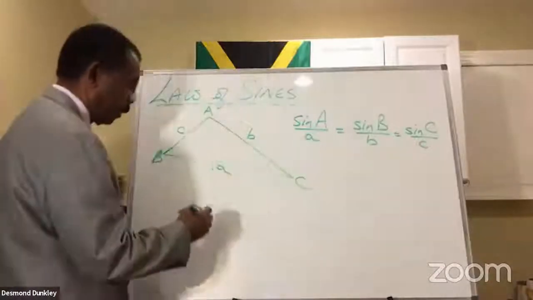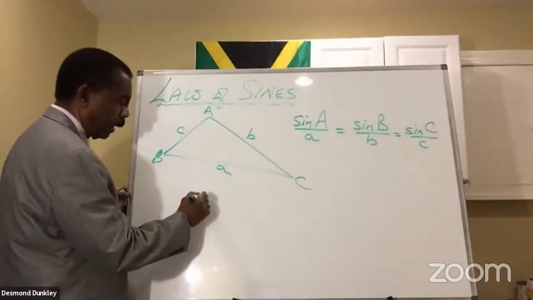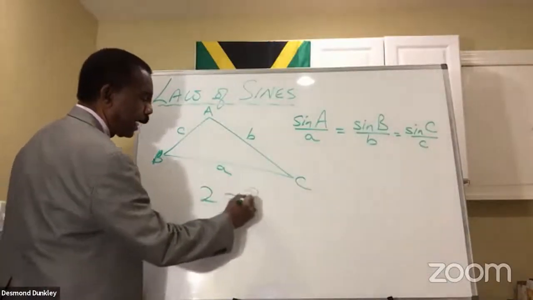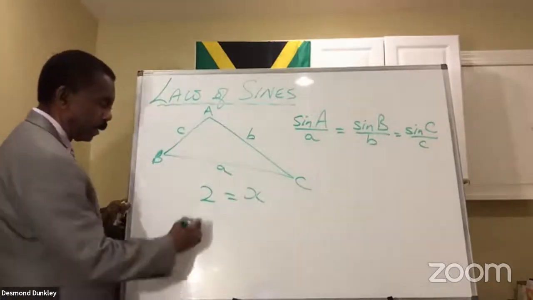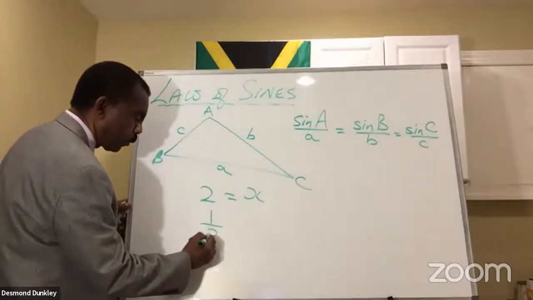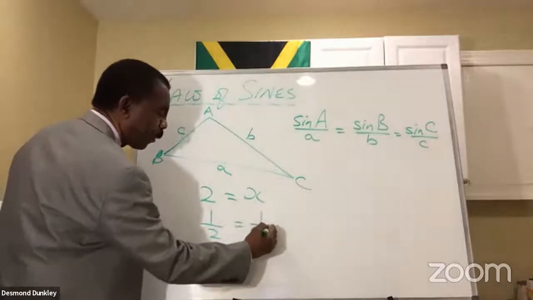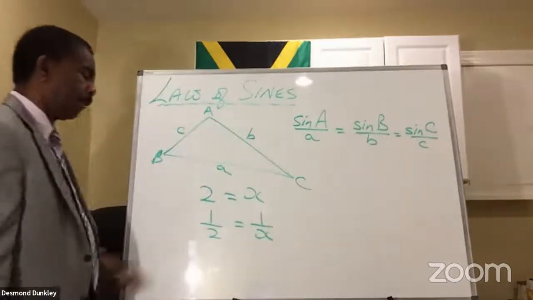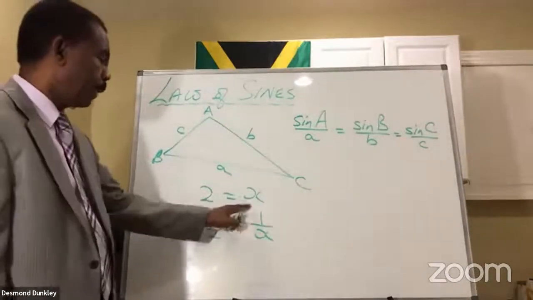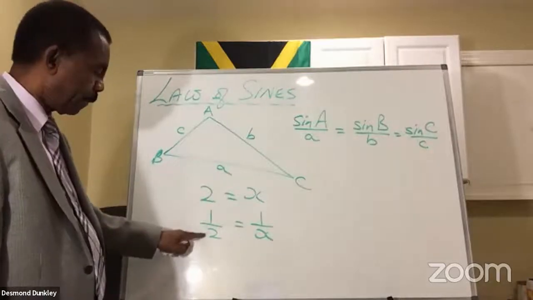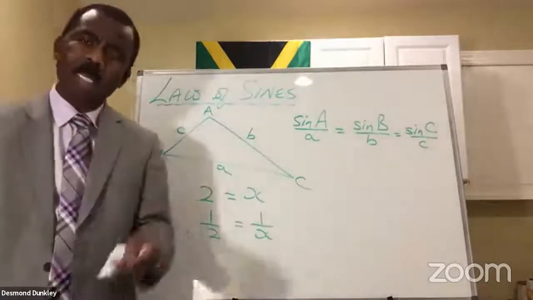For example, if 2 is equal to x, then 1 over 2 will also be the same as 1 over x. If x and 2 are the same, then if I flip them, they will always be the same.